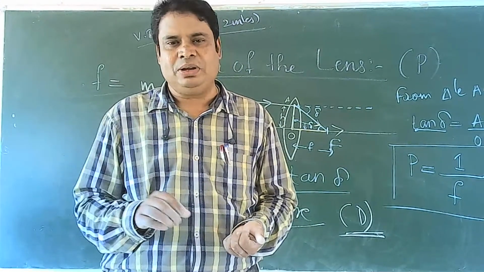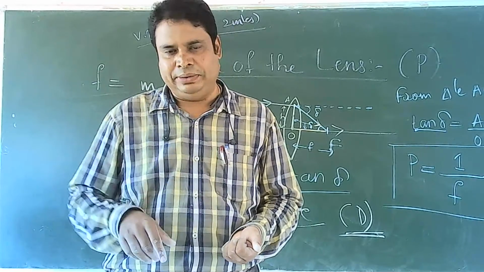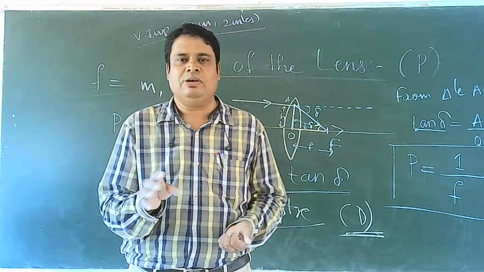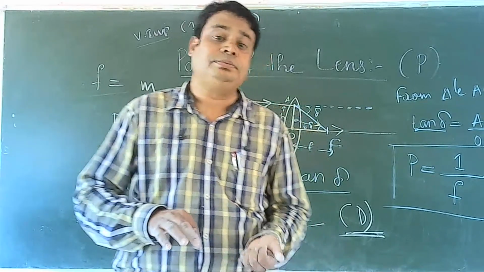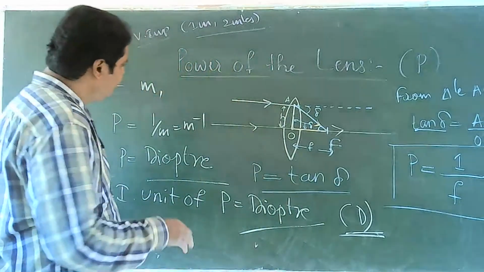Remember, plus D stands for positive diopter for a convex lens, and negative D stands for a concave lens. Power is positive for a converging lens or convex lens, and negative for a diverging lens or concave lens.